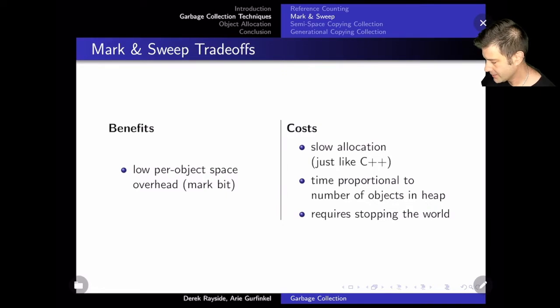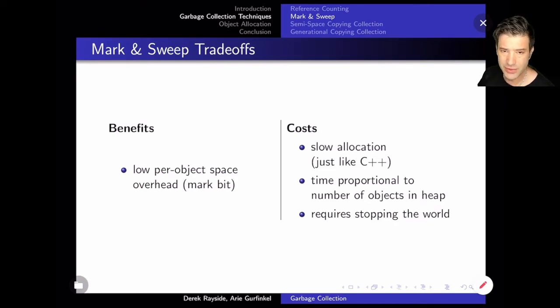So what's the benefit? We have a low per object space overhead, so we really just need 1 bit, not a whole field to count references. And then when the program runs, there's no extra cost during running. What does it cost? Well, first of all, so far, our allocation and deletion are exactly the same as in C++, meaning that we maintain the list of free memory and the list of used memory.